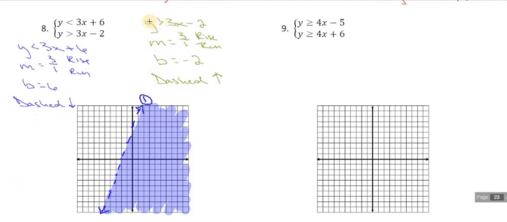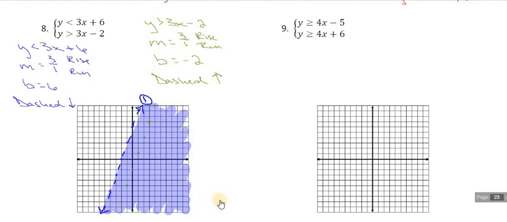So getting our plotting tools out, we go down to negative 2 on the y-axis, and we rise 3, run 1. Rise 3, run 1. Keep plotting those points. Could also go down 3, left 1.